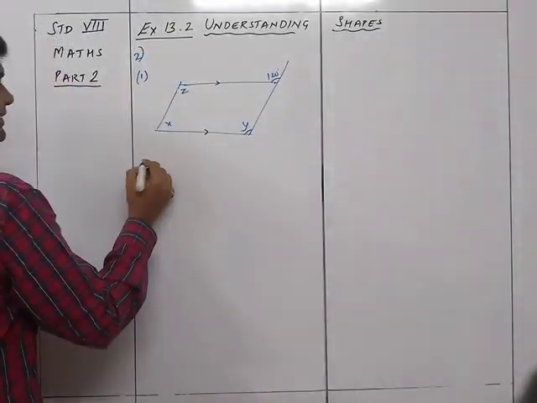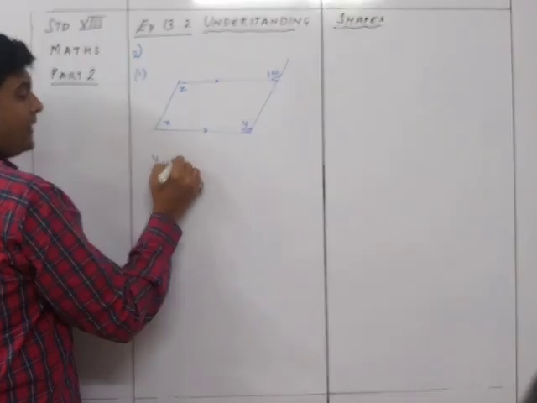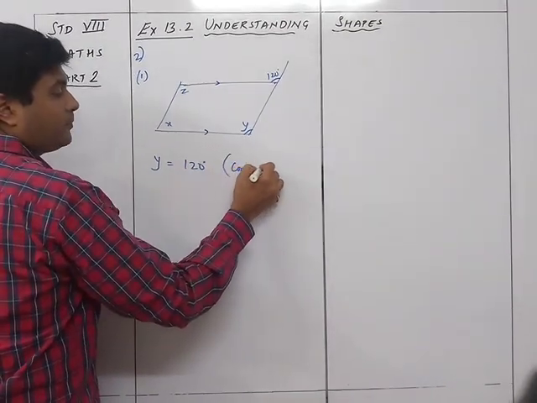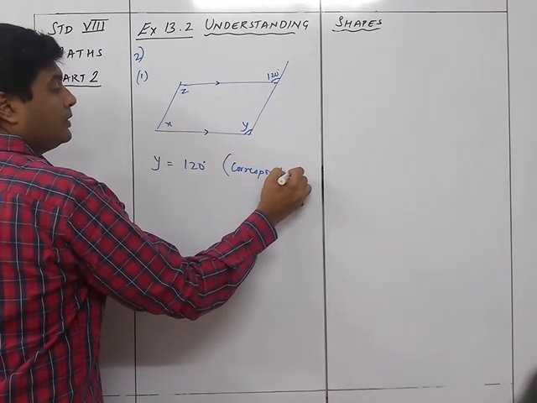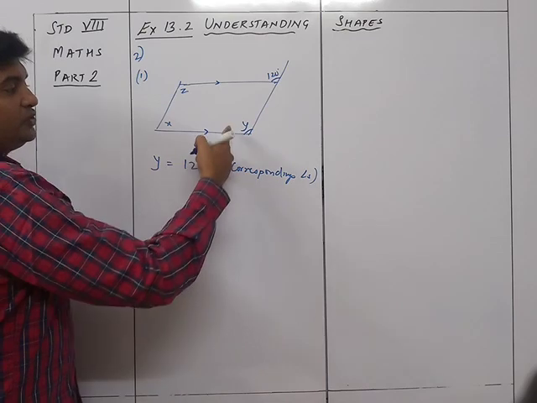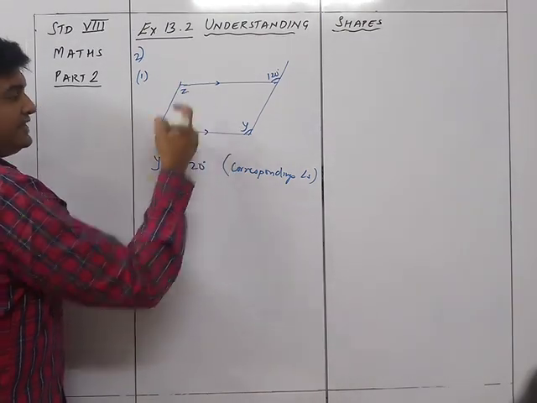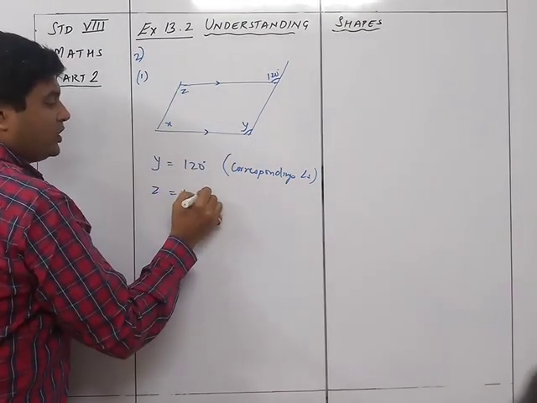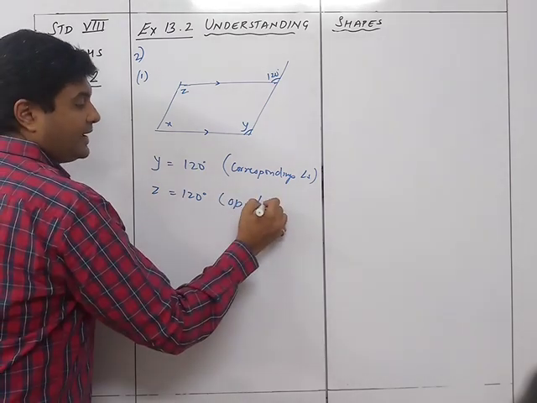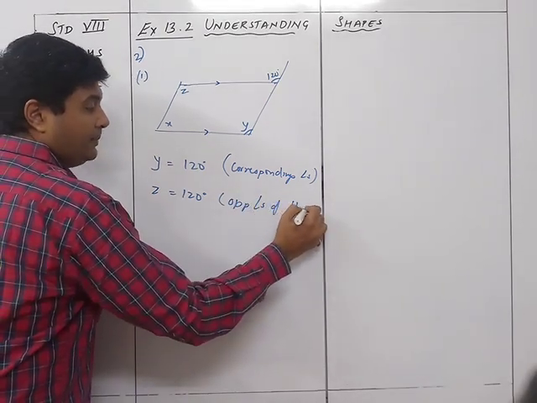So that's why we say that first of all, y will be equal to 120 degrees because they are corresponding angles. Now once you know y, you know that z will be equal to 120 degrees because opposite angles of parallelogram.